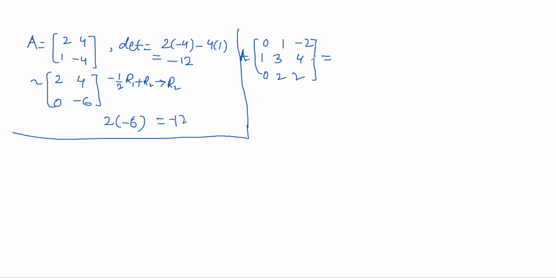This is the second row, first element, so the sign will be a minus. It will be minus 1 power i plus j, where i is 2 and j is 1. So it is minus 1 power 3, which is minus 1, and times 1.